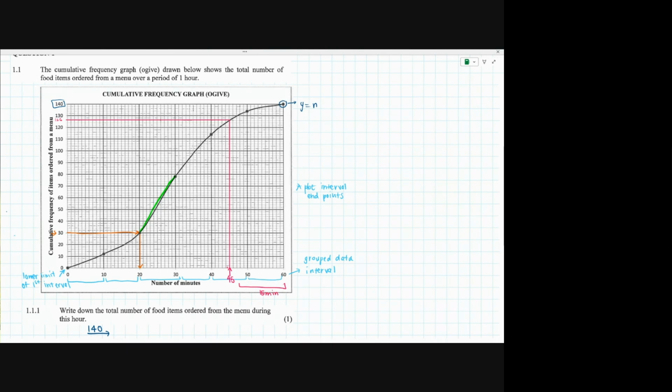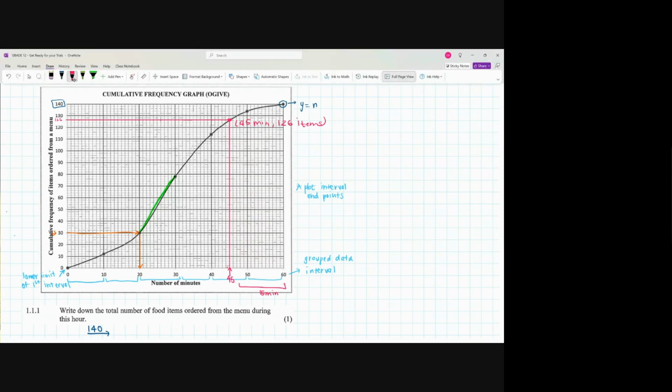Now, what we need to remember is that this is cumulative frequency. So what we have just read off is the fact that after 45 minutes, 126 items were sold. That's this point of information that we have just got. The question asks, however, how many food items were sold in the last 15 minutes?